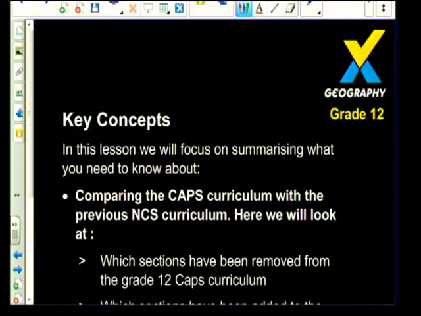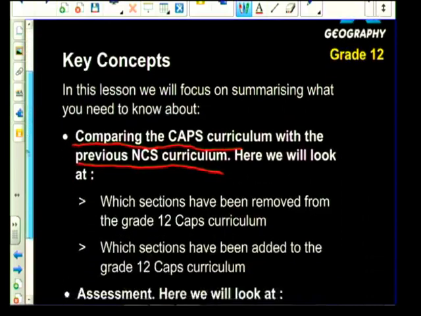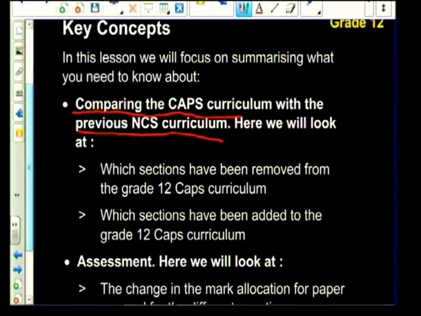Right. Let's look at the key concepts of this session. Here we're going to look at comparing the CAPS curriculum with the previous NCS curriculum. We're going to focus on which sections have been removed from the curriculum, and there's a significant amount, and which sections have been added.